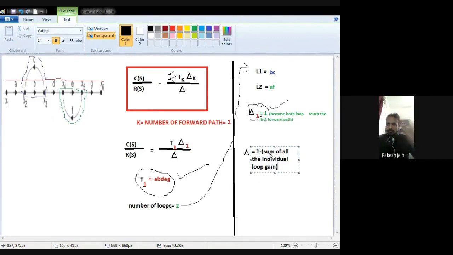Once I write down the formula, I will show you, plus the sum of products of two non-touching loops.